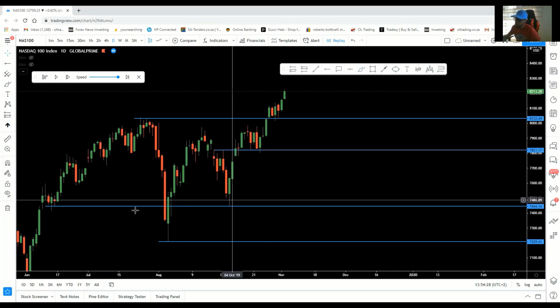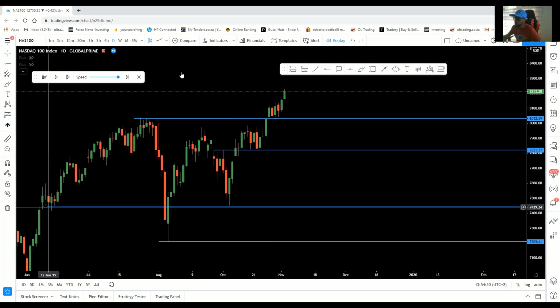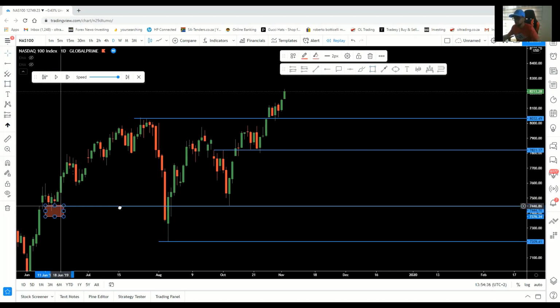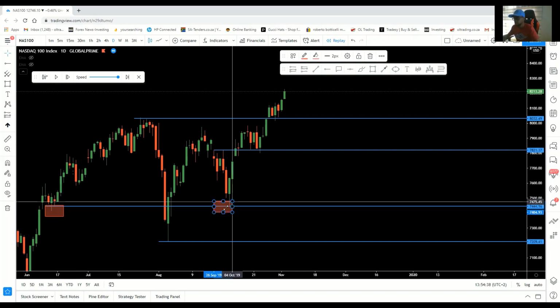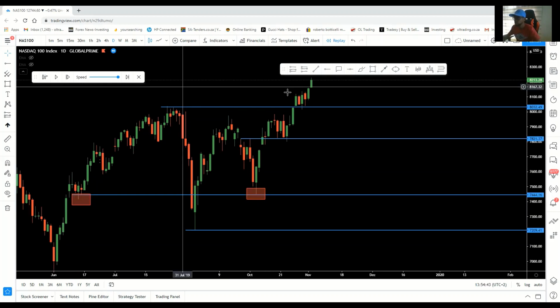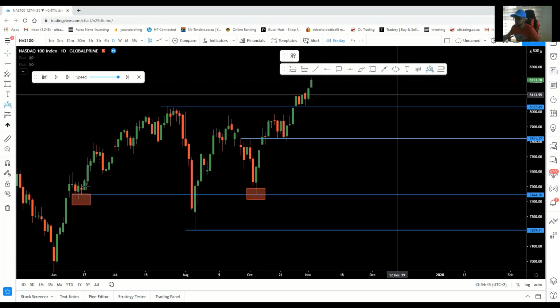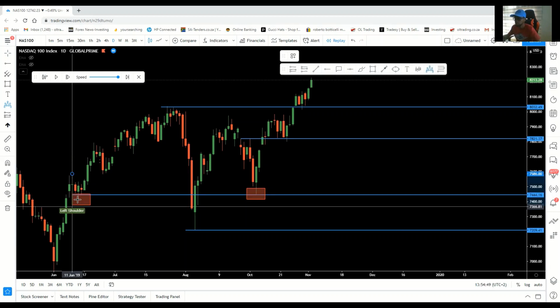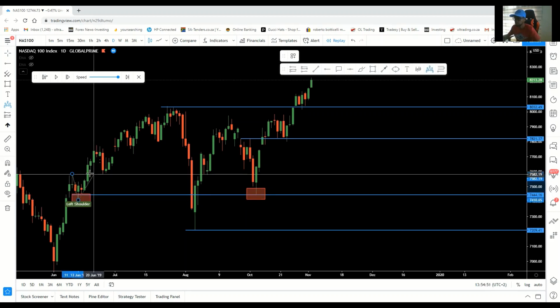So should it happen that you miss this, you can see here, this was a significant zone. We have this, and we have this point. So at this level, we are looking at something like a head and shoulders. We have the left shoulder.